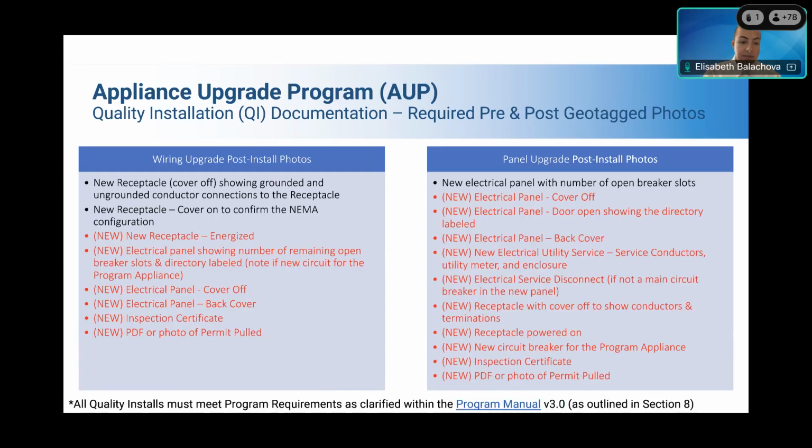And that is something we will be more diligent about moving forward. So make sure to include this in your process as you're working with customers and getting all of the required documentation needed. That way, when you're ready to submit your quality installation documentation or ready to get paid for the work that you've done, you have all this to prevent any delays moving forward.